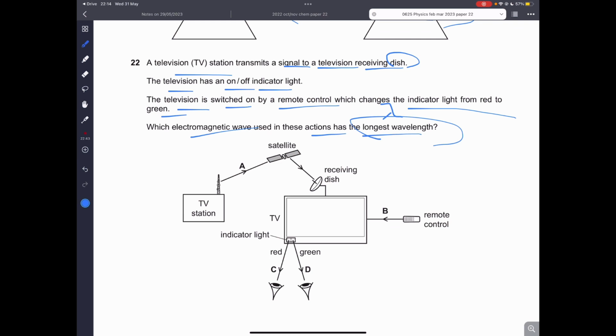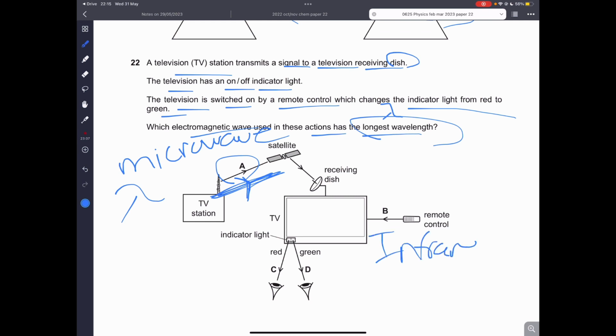Well, the longest wavelength has to be A, because the electromagnetic wave that is being transferred here is called the microwave, and the microwave has the second longest wavelength. And if you might be wondering why it is not B, because B is infrared.